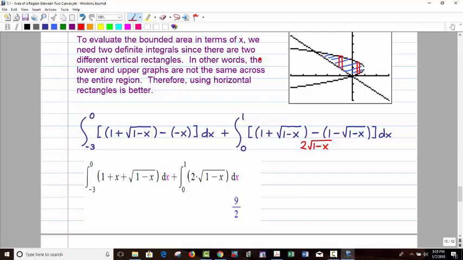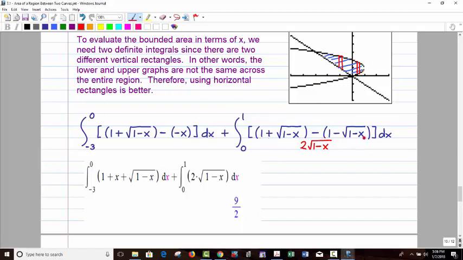So I had to take that y in terms of x and integrate from -3 to 0. 0 is where the bottom changes position. So from -3 to 0, it's the upper part of the curve minus the line, which is -x, plus over here, the upper part of the curve minus the lower part of the curve.